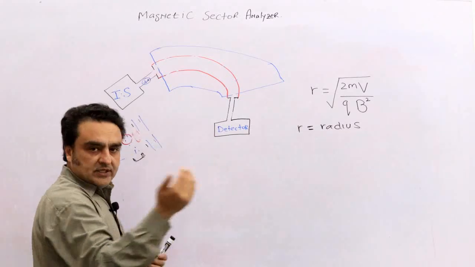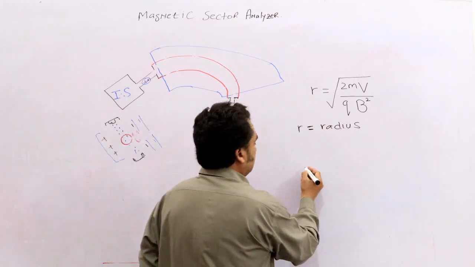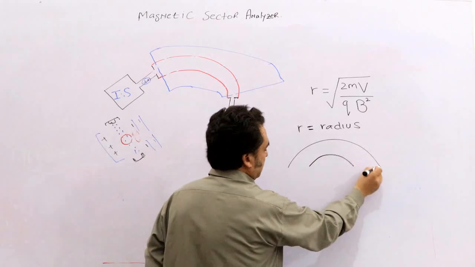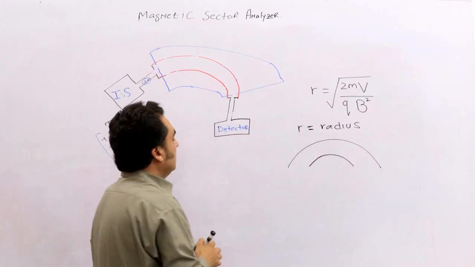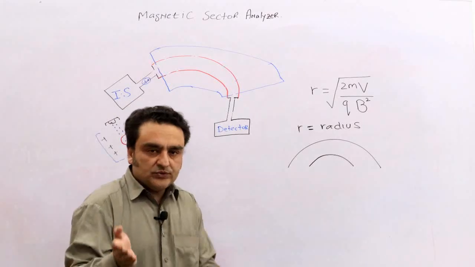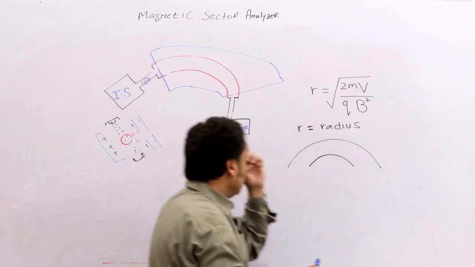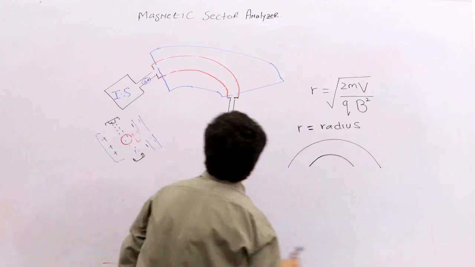This radius could be big, could be small. What do I mean by big? This is one radius and this is another radius. This is big, this is small. So what the radius means, let me tell you, we have to write those things. Okay, let me use the black pen.